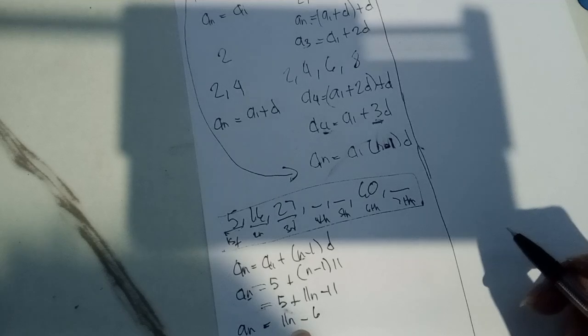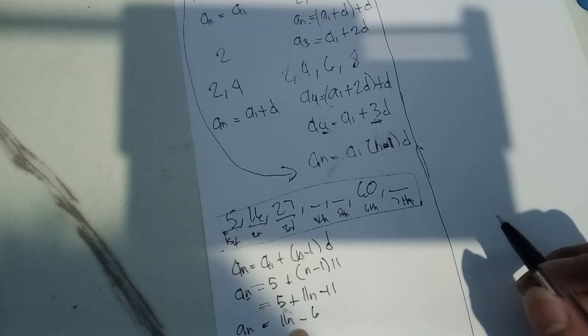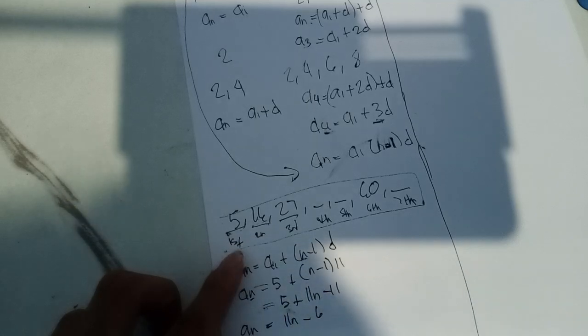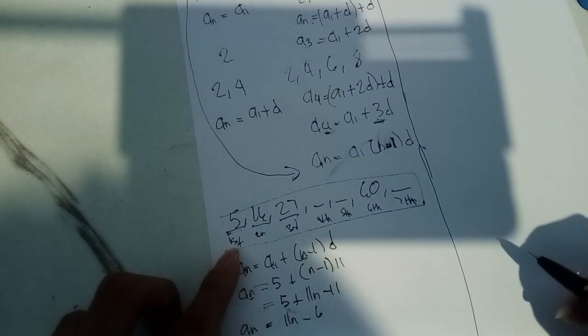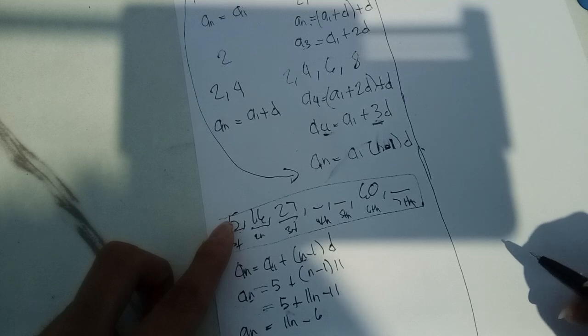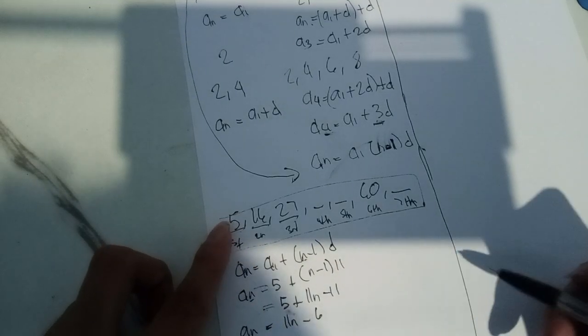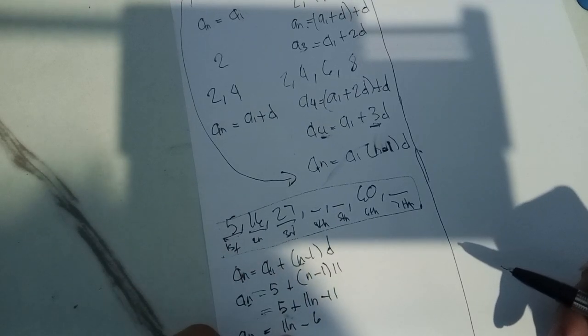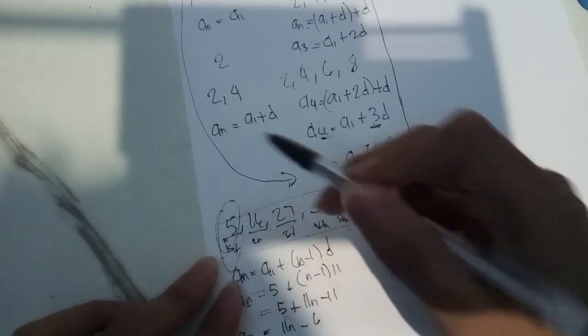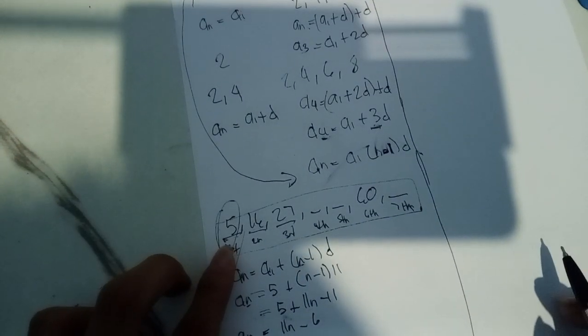Now, how do we use it? So our first term is 5. Okay, so if our first term is 5, our n is 1 because this 5 is at the first term, diba?